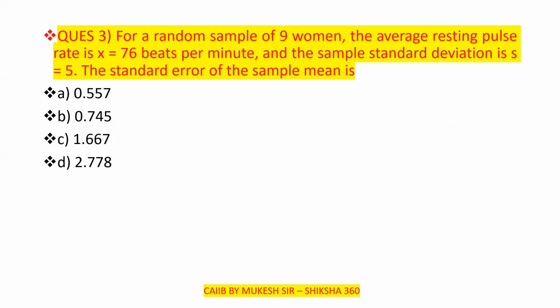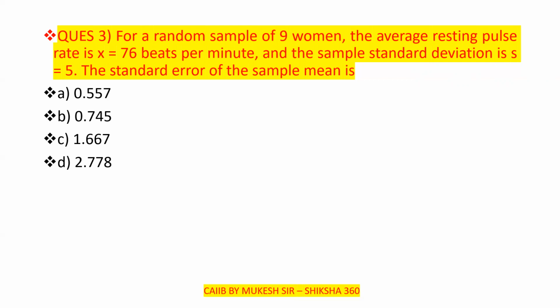For a random sample of 9 women, the average resting pulse rate is 76 beats per minute, and the sample standard deviation is 5.